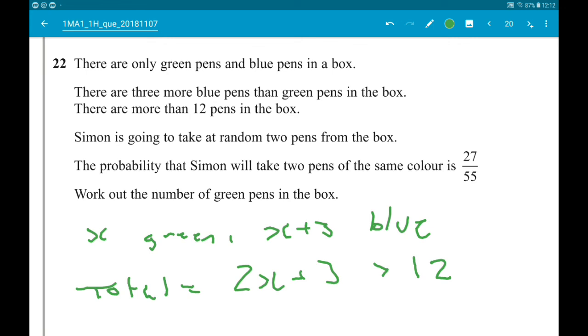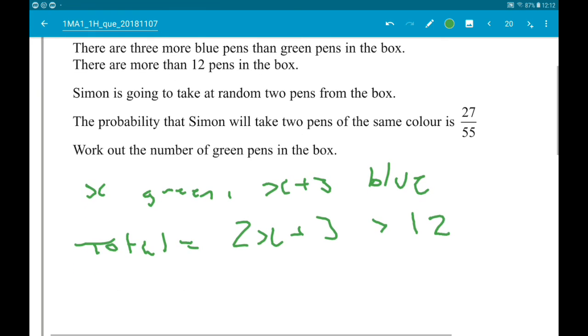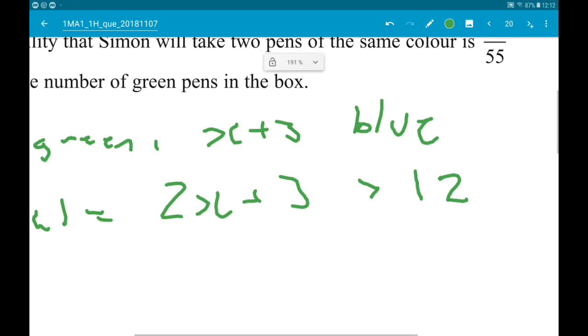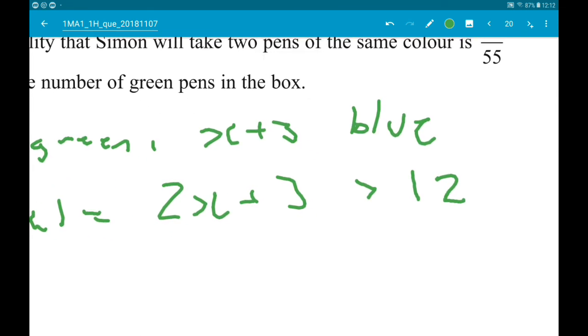Okay, good times. Right. So, I suppose what we can do from this inequality is find the minimum number of green pens that must be in the box.